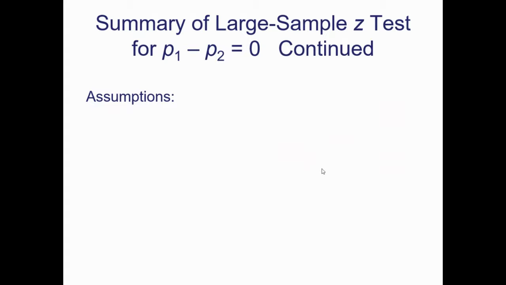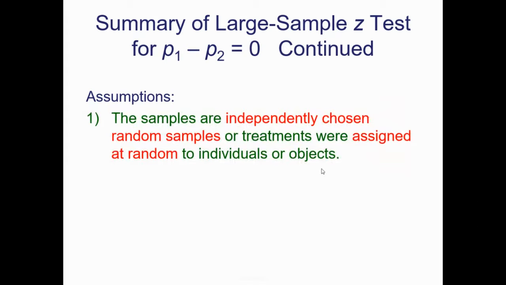so let's look at our assumptions for our large sample z-test. The samples have to be independently chosen random samples, or the treatments were assigned at random to the individuals or objects.